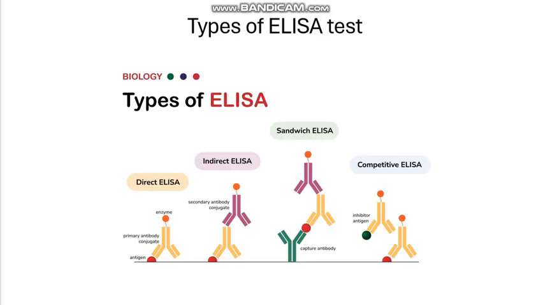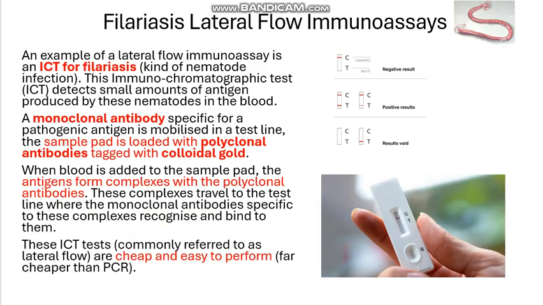If you just cut out the yellow polyclonal antibody in this image, and you imagine it was just 2 antibodies, the monoclonal antibody at the bottom, the antigen, then the polyclonal antibody with the colloidal gold, for the sandwich ELISA it would be the exact same thing, and it's just going to produce a line at the test strip line. And if a line is produced, then that's going to imply that the antigen is in the blood, and you're going to test positive for the filariasis infection if you've got the nematode.